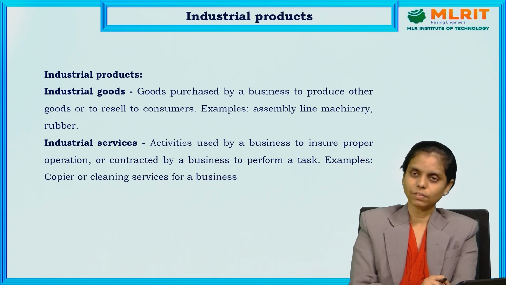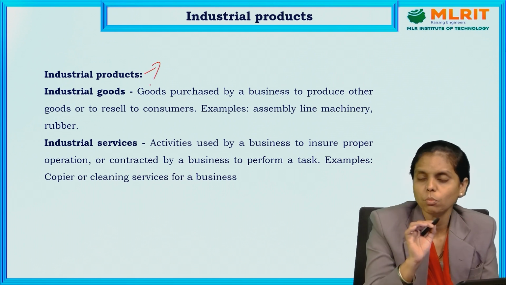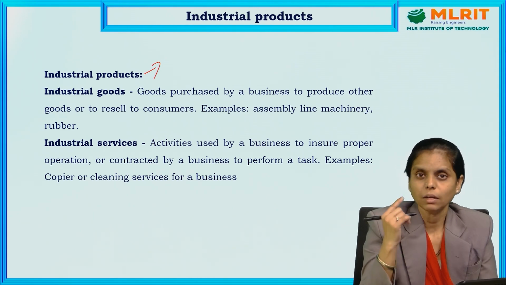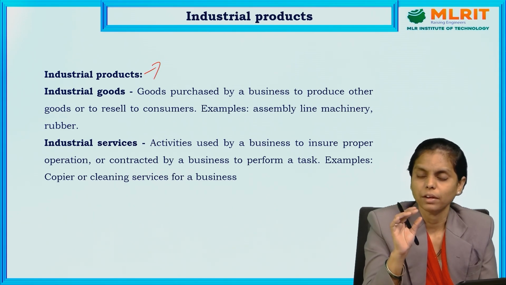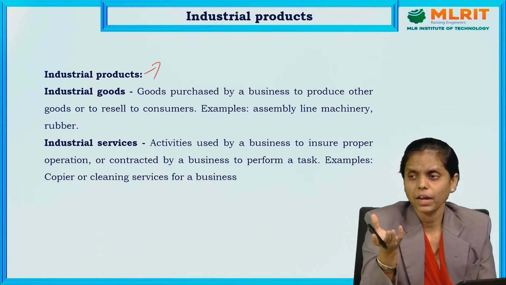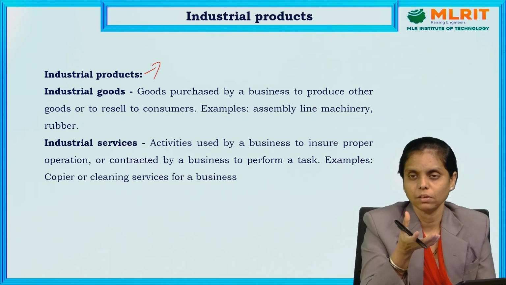Come to the next one, that is industrial products that we have. Now, what are these industrial products? These are the different types of products that are consumed by industries in order to prepare some other product. For example, like wheat. I have purchased wheat so that I can prepare wheat flour chapati at my home.